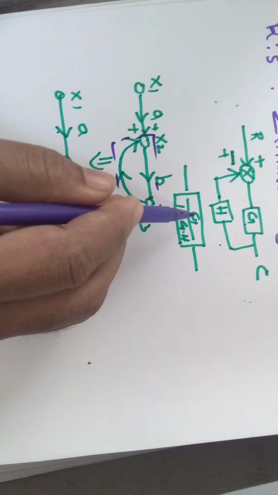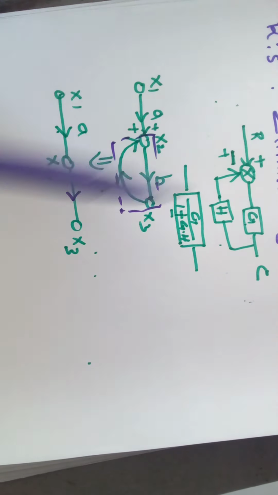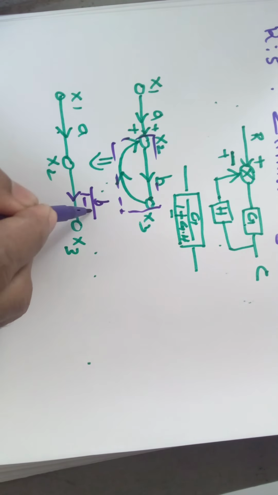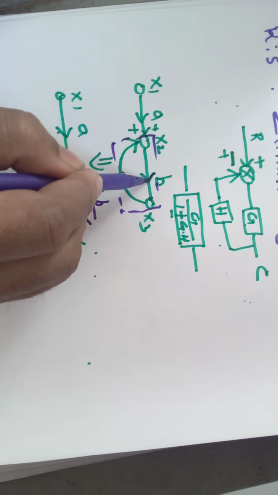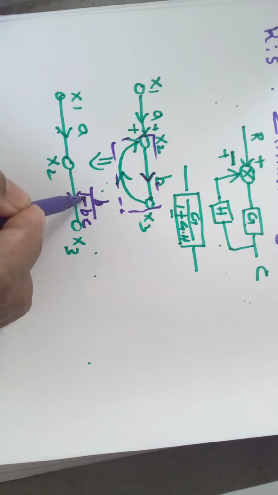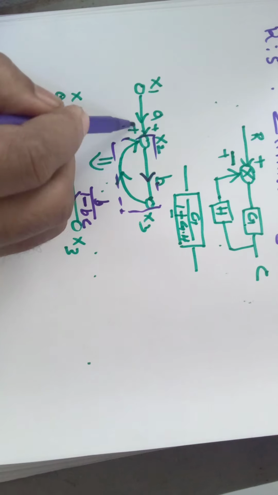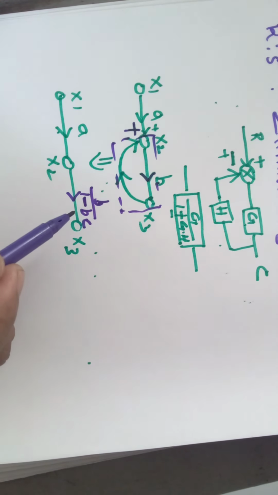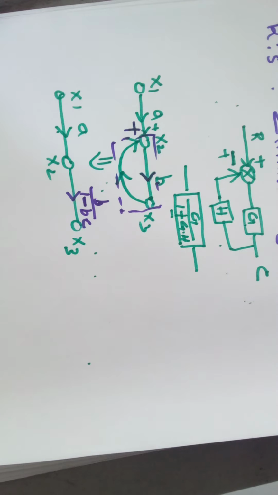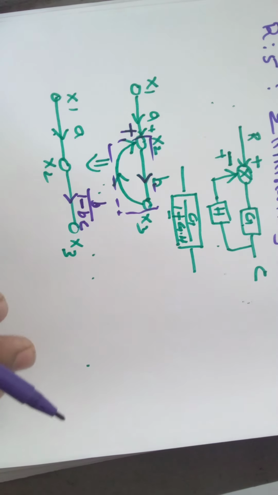What will be the gain? Similar to this one, the gain will be B divided by 1 minus B into C. The forward path gain is B, so B divided by 1 minus B into C, because the minus sign comes as it is a positive feedback. Understood? So these are the 5 signal flow graph reduction rules you need to remember in order to solve signal flow graph problems.